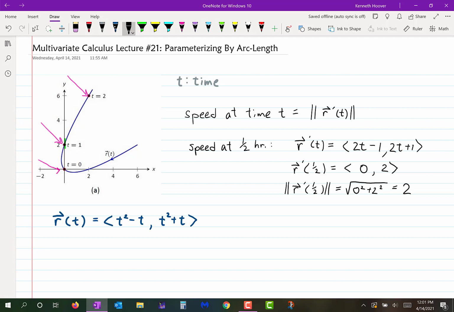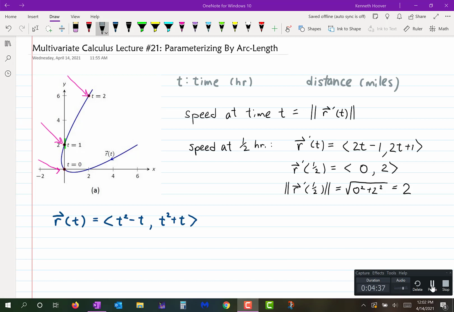2 what? I've been saying that time, in this example I made up, is in hours. Let's suppose that distance is in miles. You might expect me to use the variable d for distance, but let's use the variable s.